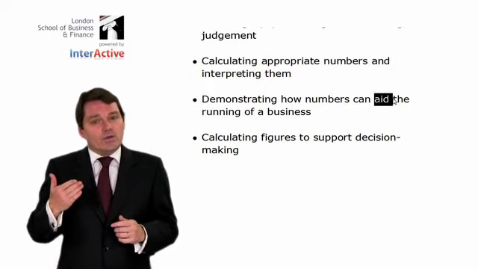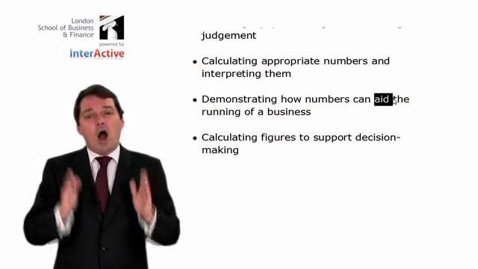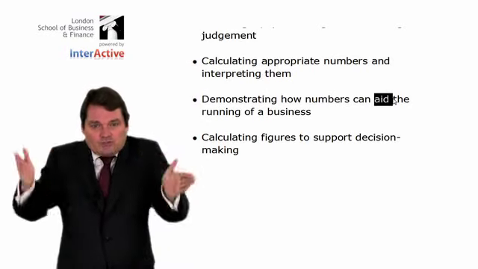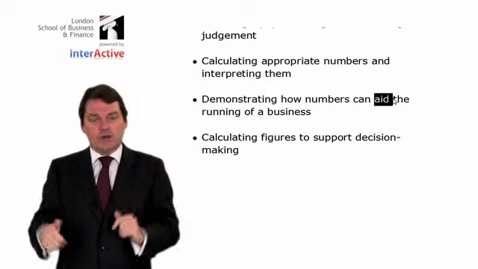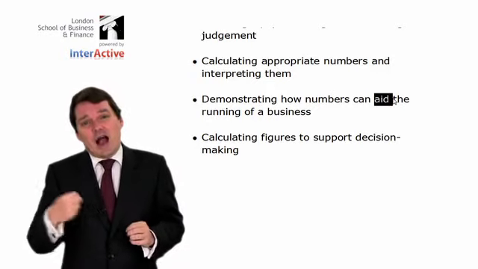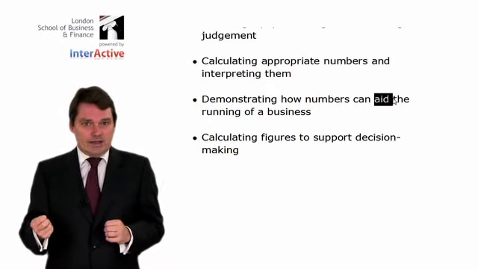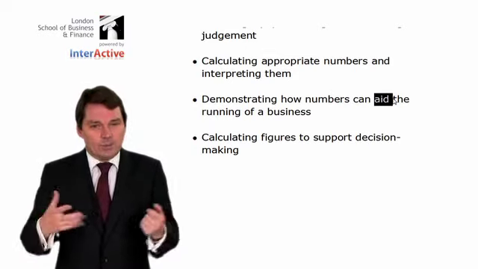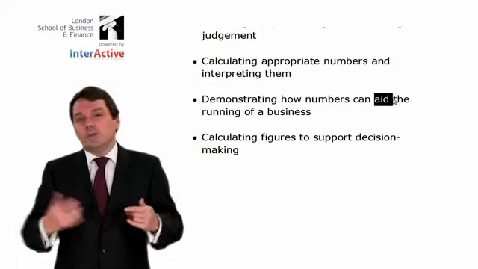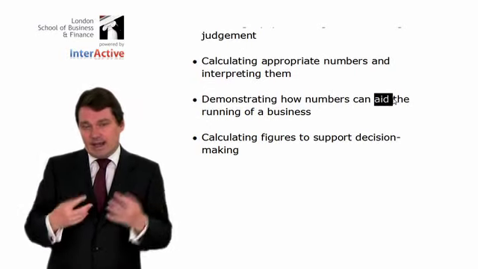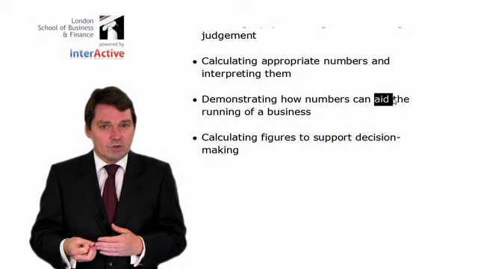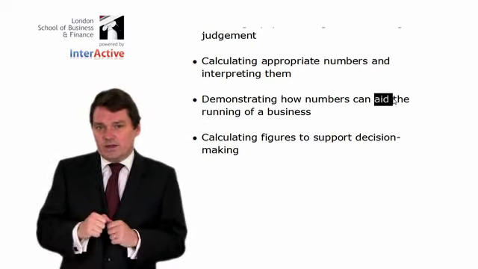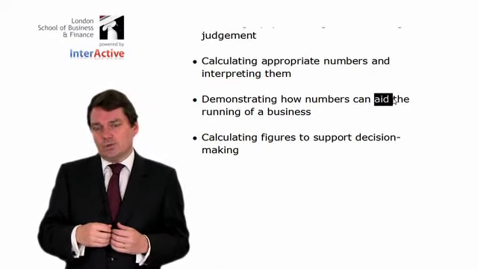The other thing that P5 tests is, are there other numbers that would be useful for you to have? So you have a spreadsheet with some figures on it for each division. But are there other figures that you would like them to collect? If each division collects numbers on, for example, customer retention, would it be useful to calculate and collect numbers for customer satisfaction? So P5 often says, what else would you need? You've got some figures, what do they mean, but what other numbers do you want?